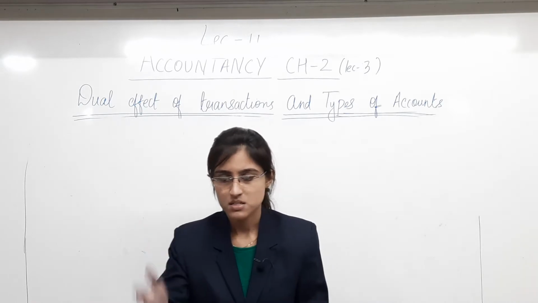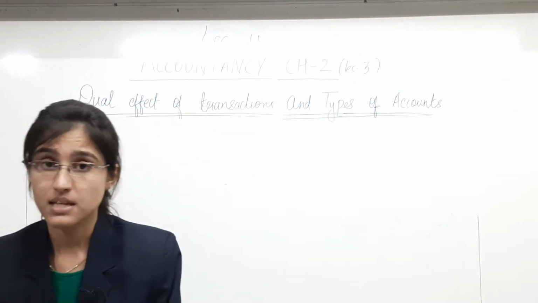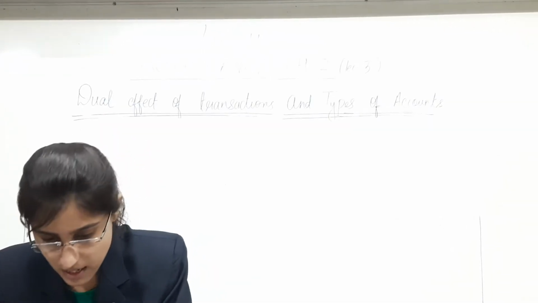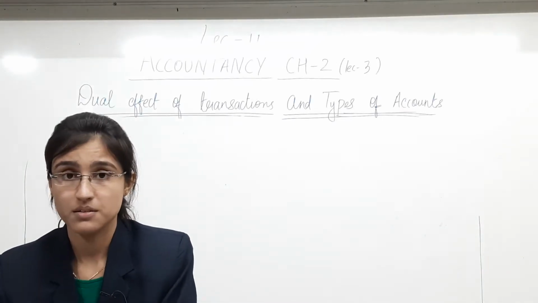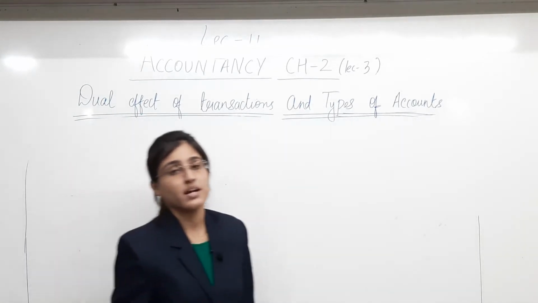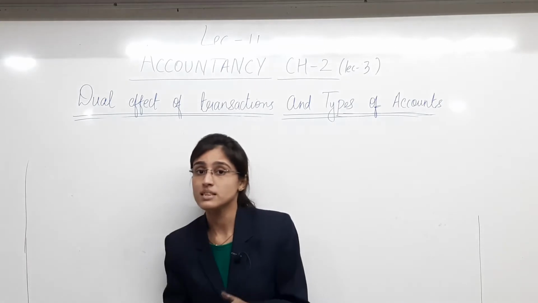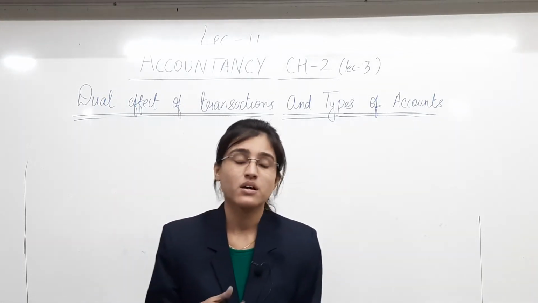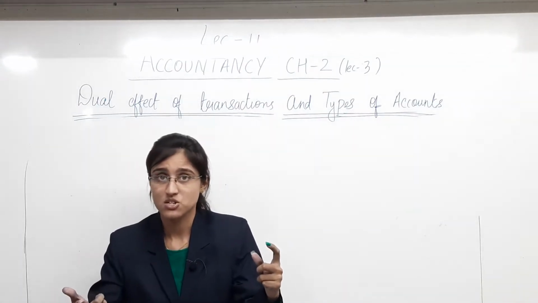Yes, starting with the first transaction, it says goods sold in cash for rupees 500. If you remember the points for identification of a cash transaction and credit transaction, only then you will be able to recognize that this is the cash transaction, this is the credit transaction.